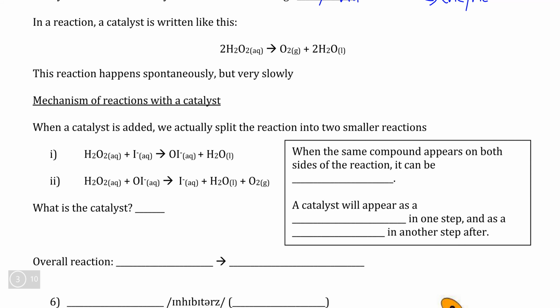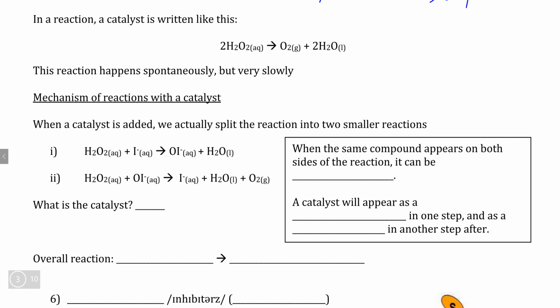If we look at the mechanism of a specific catalyst in detail, we can take a look at this decomposition reaction of hydrogen peroxide, which is a spontaneous reaction. Hydrogen peroxide is normally a very unstable molecule, but the decomposition occurs very slowly unless we add a catalyst.